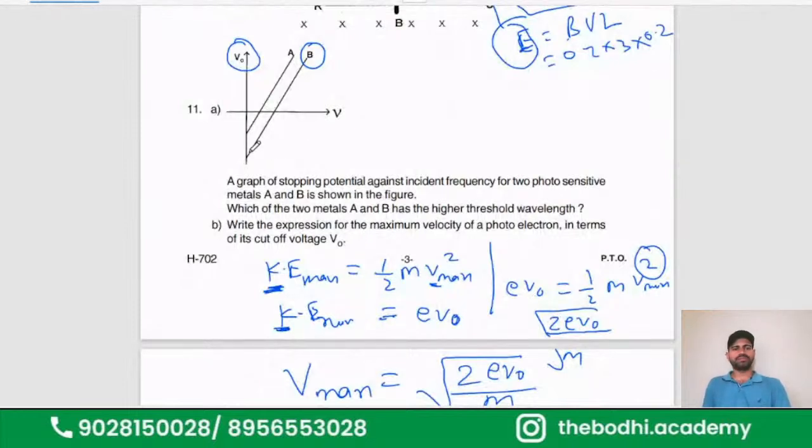Question number 11. A graph of stopping potential against incident frequency for two photosensitive metals A and B is shown. Can you see metal A is here and metal B is here? Which of the two metals A and B has the higher threshold wavelength? What do you feel? Answer please. If possible, write the reason. Otherwise, at least just answer A or B. That much I am expecting.